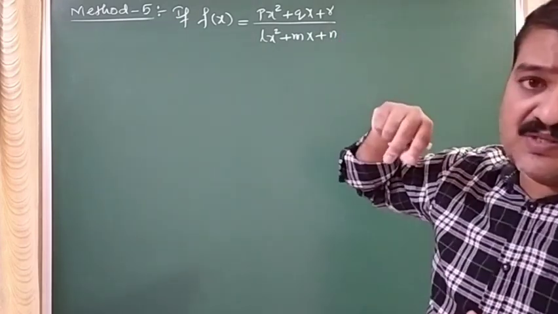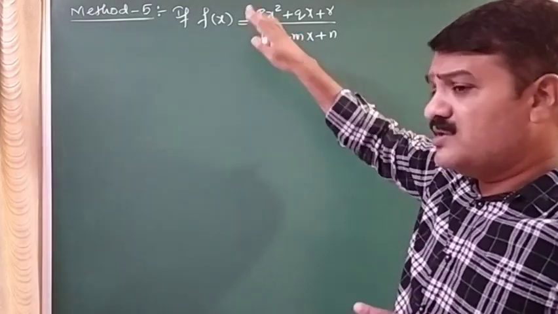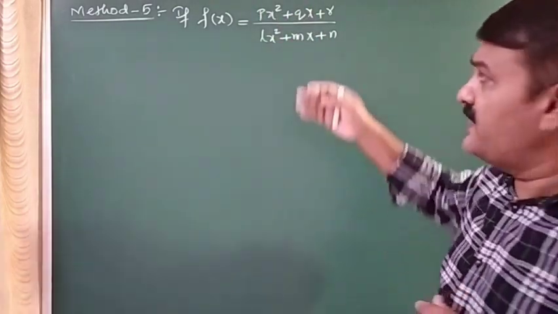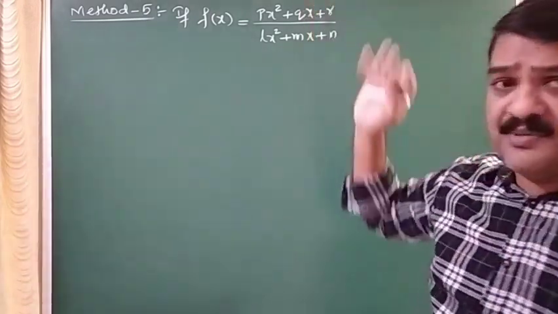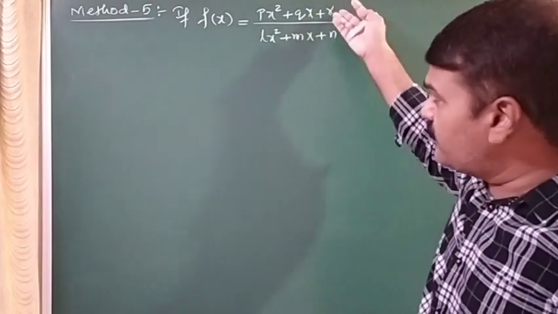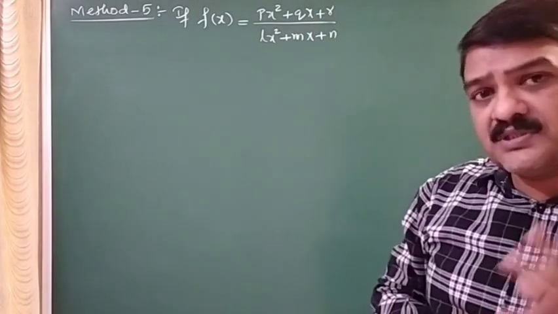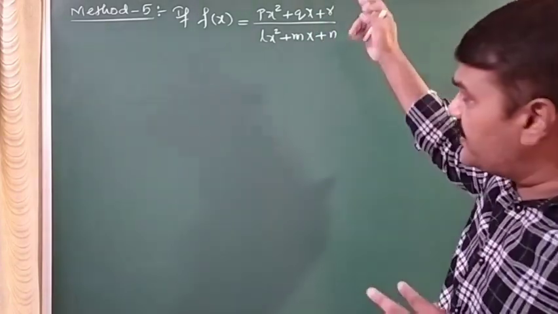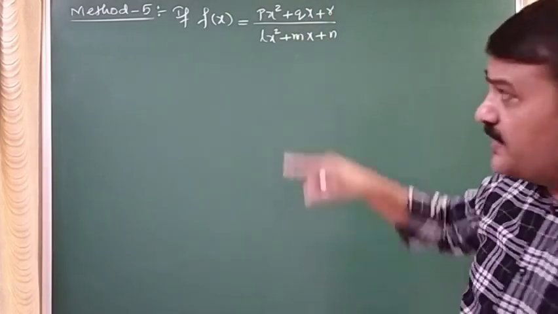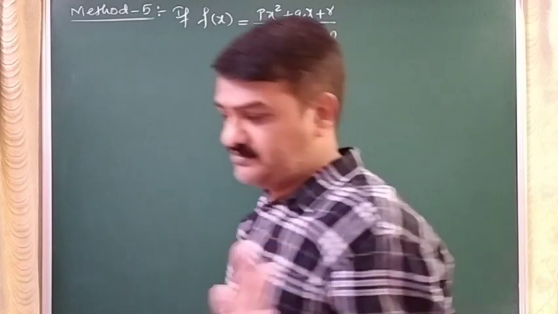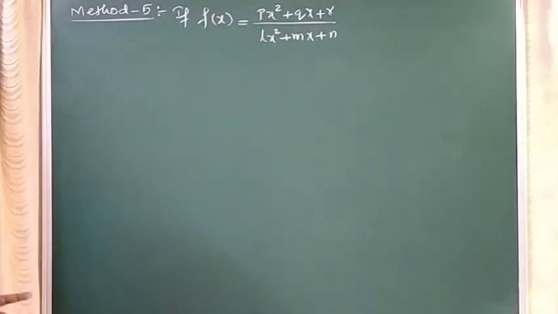Even if p is 0, no problem. That means even if the numerator is of first degree, the method will be applicable. Numerator and denominator both degree 2, or numerator degree 1 and denominator degree 2 is also okay. But the denominator must be degree 2 only, generally.